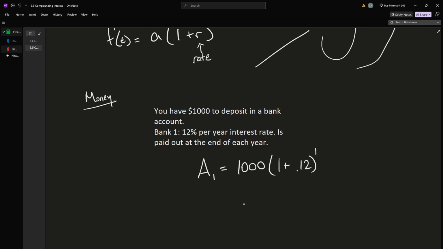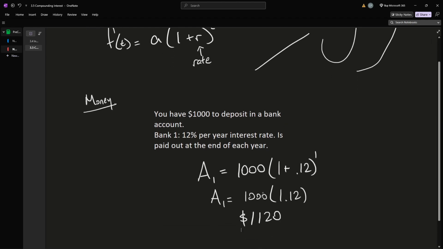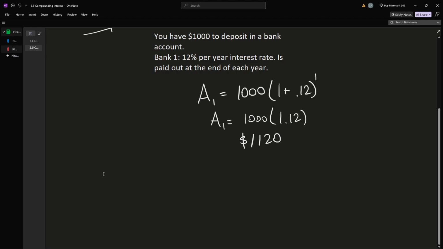So at the very end, I get paid and I see how much money I have in my bank. Bank 1 gives me 1,000 times 1.12 to the first power, so you get $1,120. I made $120 in that year off of interest. And that seems great. What else could there be?